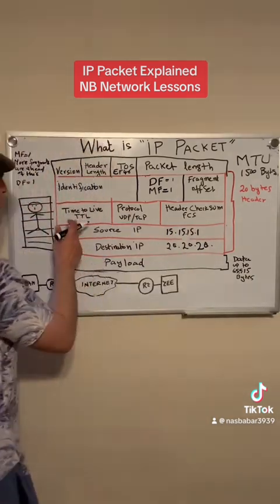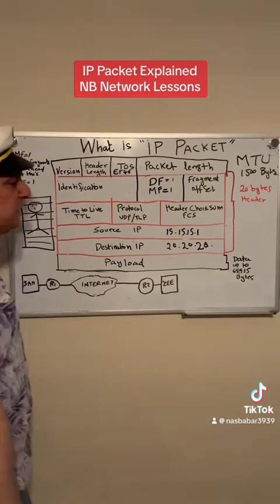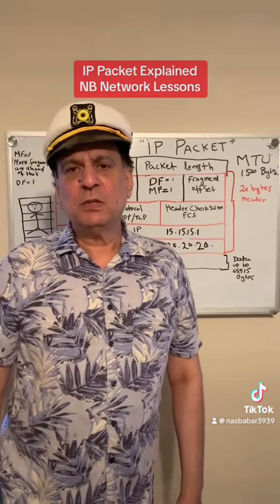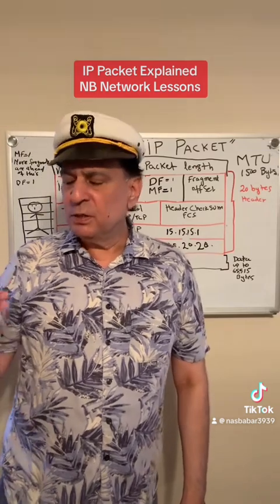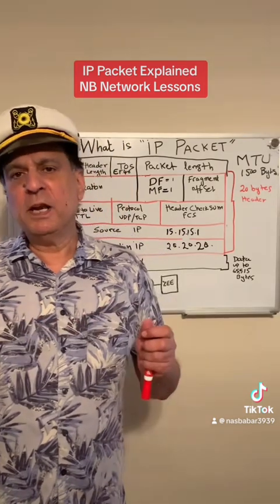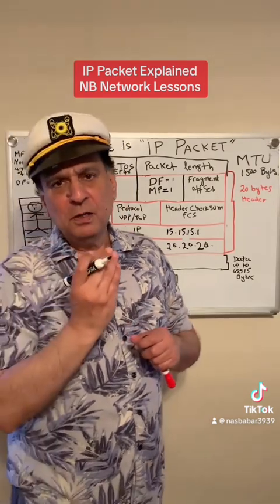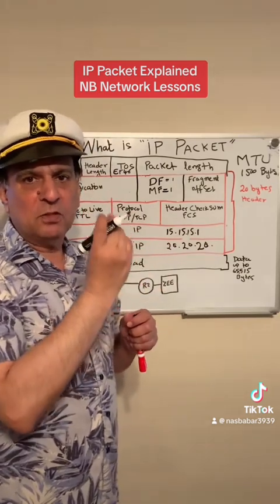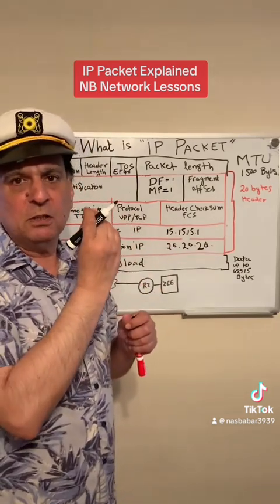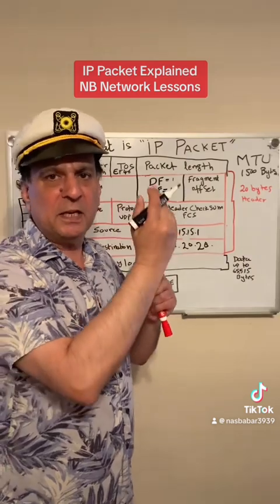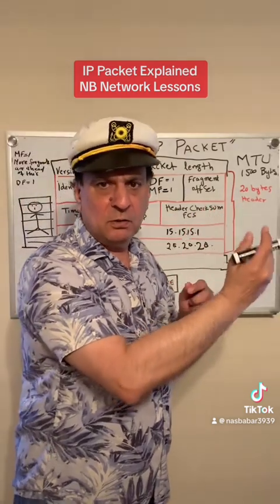Moving on, time to live, which is also known as TTL. I touched on it in my traceroute lecture. TTL in this particular case is designed to prevent loops. You don't want to have a loop in the network. Every hop it gets to, it decrements it by 1. Say for example, it's sent with a TTL of 15. It's going to decrement at every hop by 1, right?